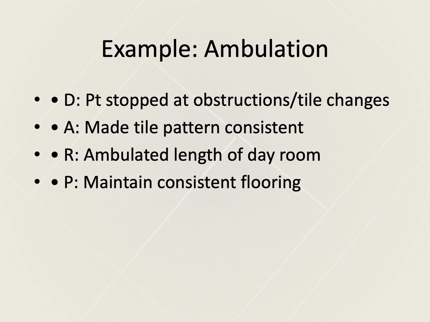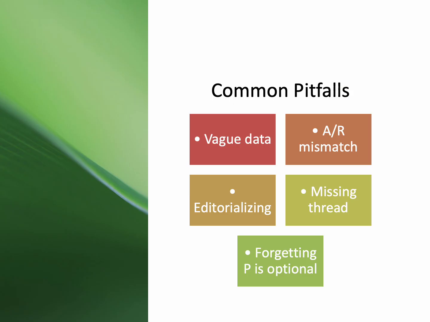That's a change in the evenness of the ground, you could say. The A is you're going to make the tile pattern consistent. If that's something that you are facilitating, then you would make a consistent tile pattern as a therapist. The R, they ambulated the length of the day room. And the P, maintain consistent flooring. We can really see how everything flows into the next.